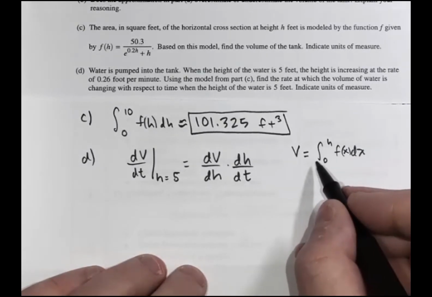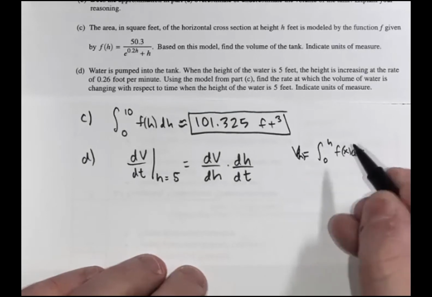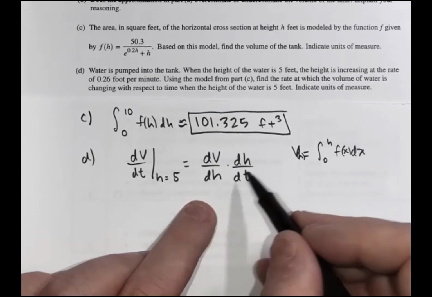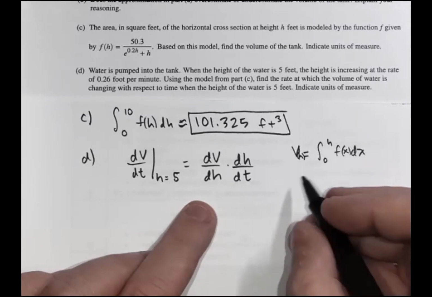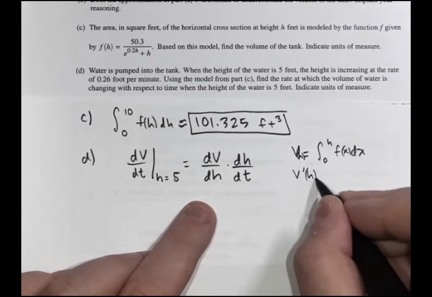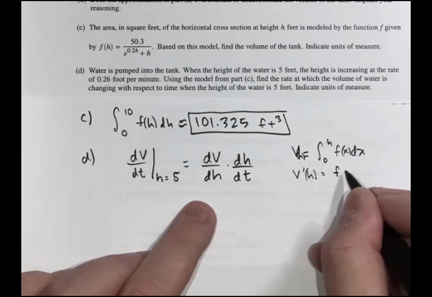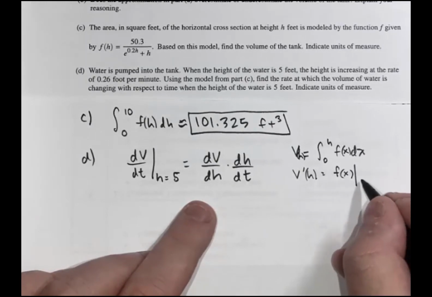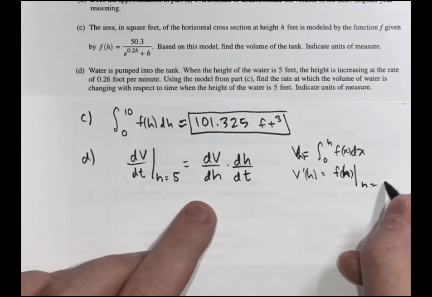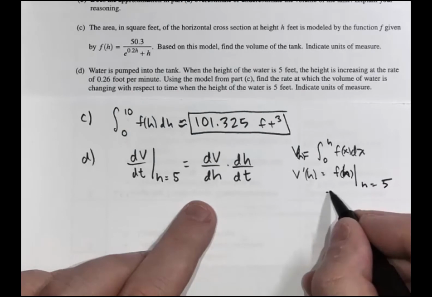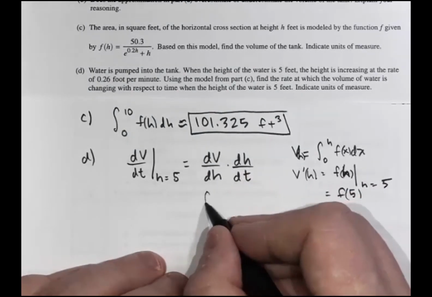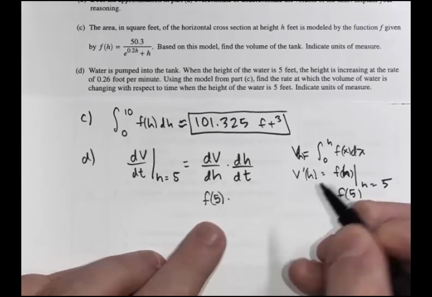That would be the V of h. So the derivative of V with respect to h at h equals 5 would simply be f of h at h equals 5. So that would just be f of 5.